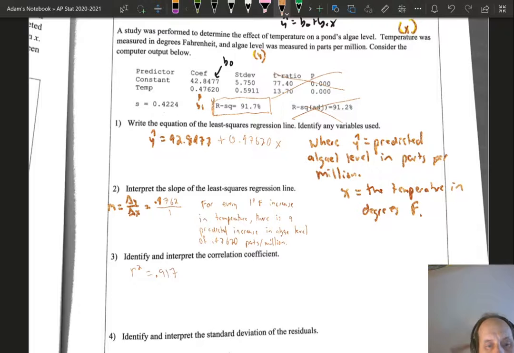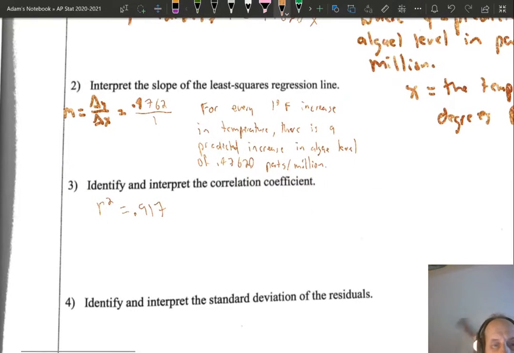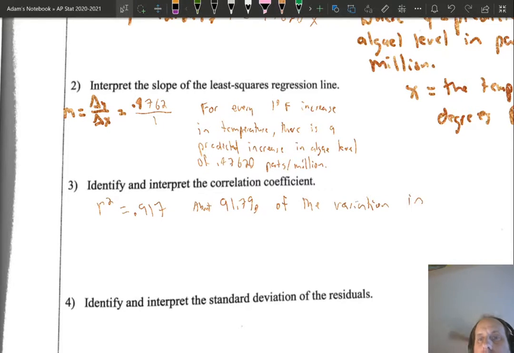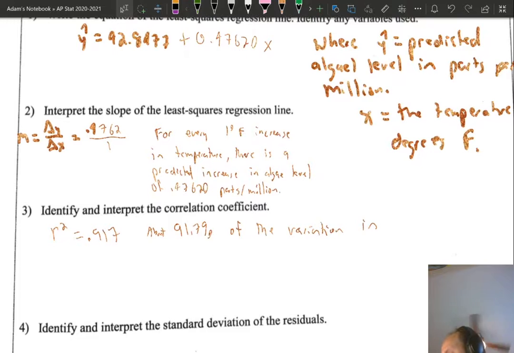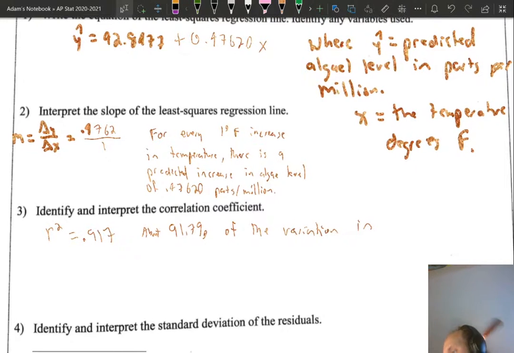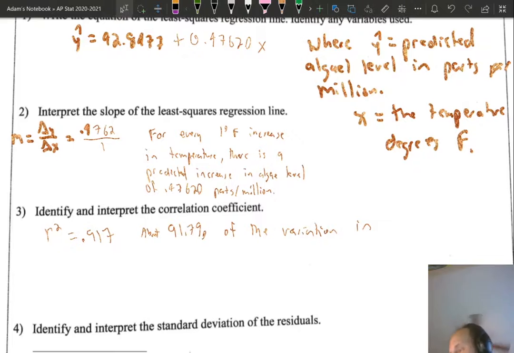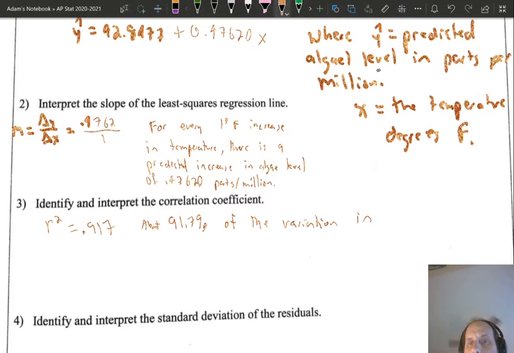Okay, we just identified it. Let's interpret it. We're going to say about 91.7% of the variation in y. Now the y in context right here is the algae level.